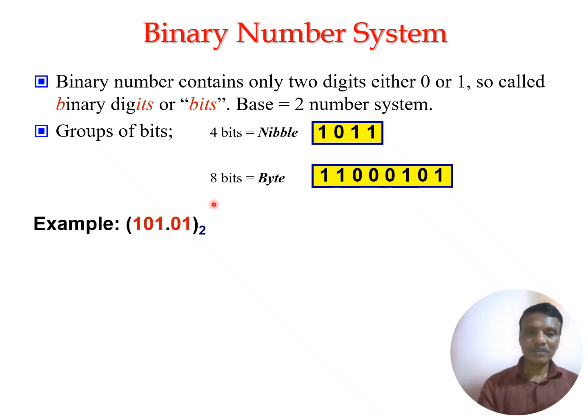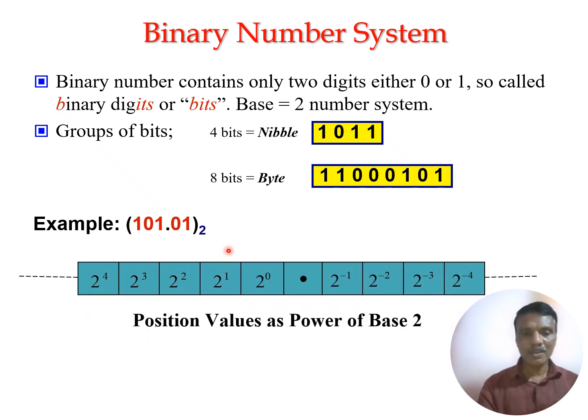This is an example of a binary number, 101.01, which represents base 2. Base 2 represents binary numbers because a binary number contains only two numbers, zeros and ones.